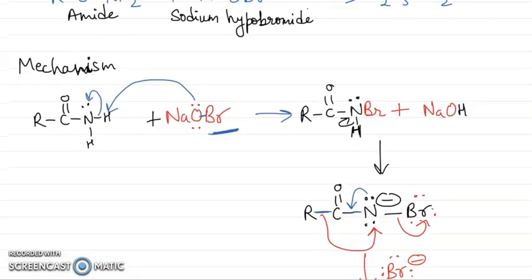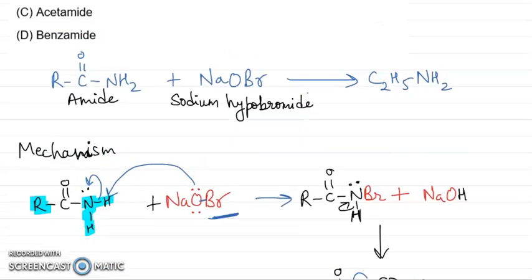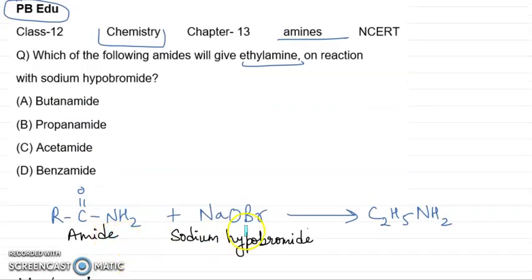So if we see the reactant, there was RCONH2, and in the product there is RNH2. It implies this CO group has been removed. It implies that whenever an amide reacts with sodium hypobromide, the CO group will be leaving and we will get a primary amine as product. So in case of butanamide, we have butanamide, propanamide, acetamide, like this.